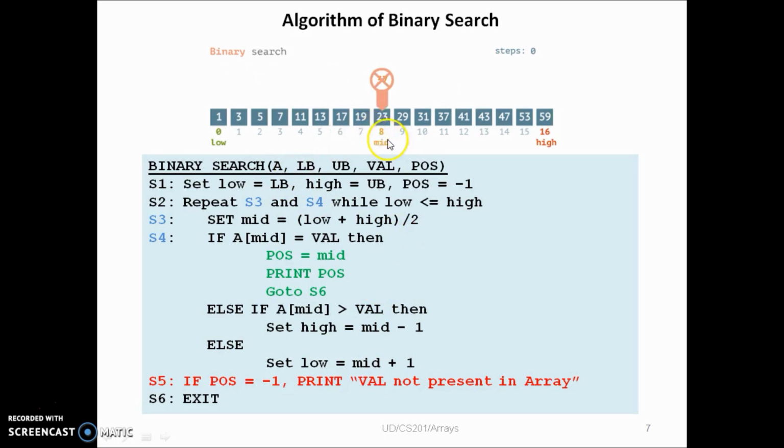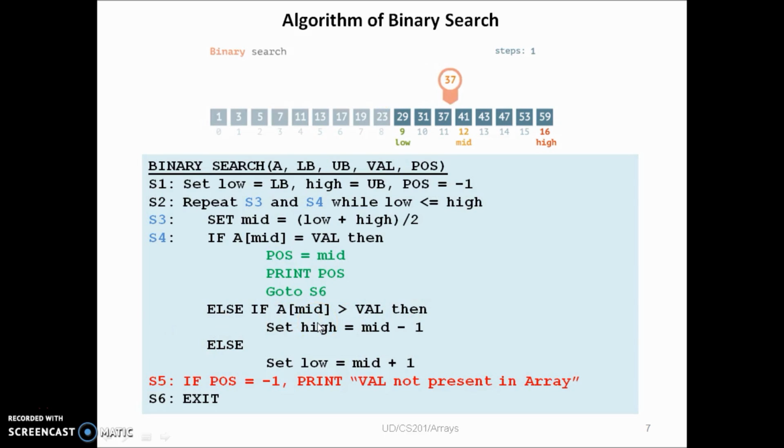In that case, we need to search in the left half of the array. So for that reason, we are assigning mid - 1 to high, because mid has already been checked and there is no scope of getting this search successful in the right half.